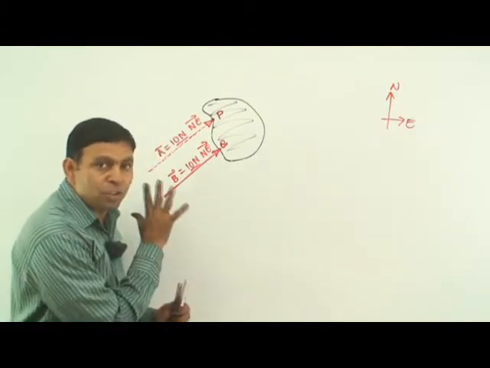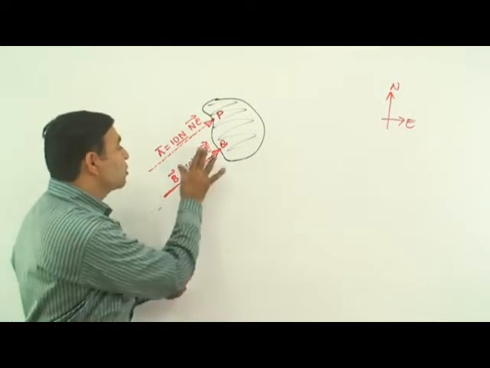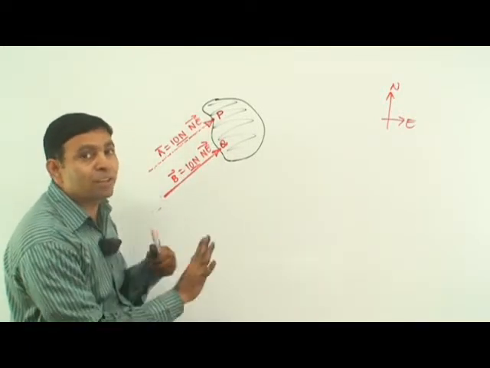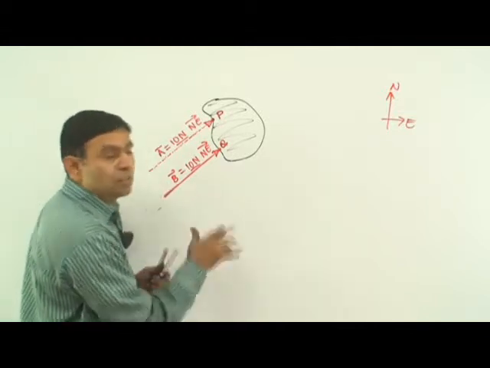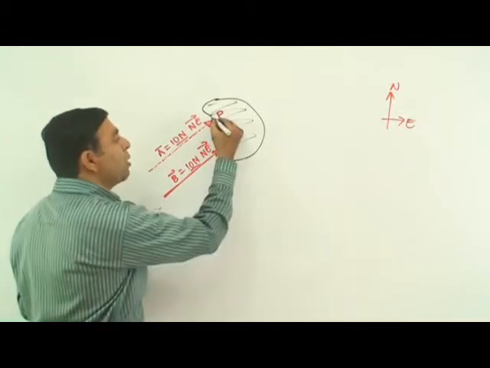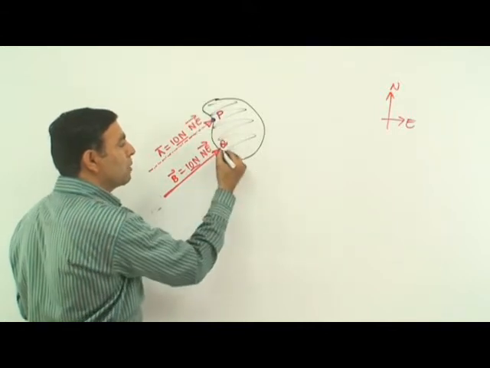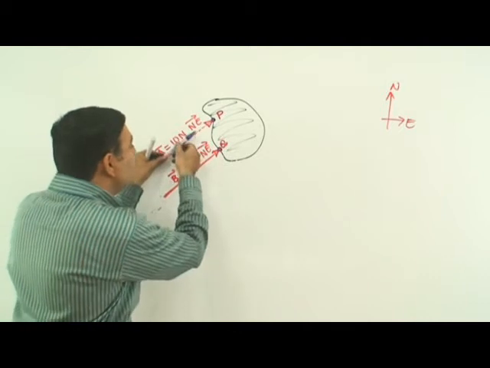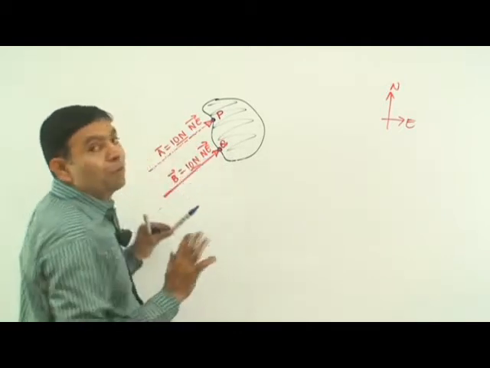Am I changing here magnitude? No. Am I changing the direction of the vector? No. If there is no change in its magnitude or direction, vector doesn't change. Here vector doesn't change. But here we are changing the point of application of vector. Earlier it was acting at point P, now it is acting at point Q. So we are just parallelly shifting the vector to itself. We are sliding the vector parallel to itself without changing its magnitude and direction.